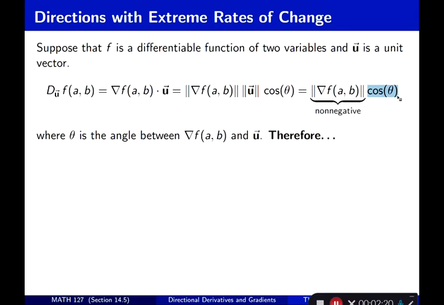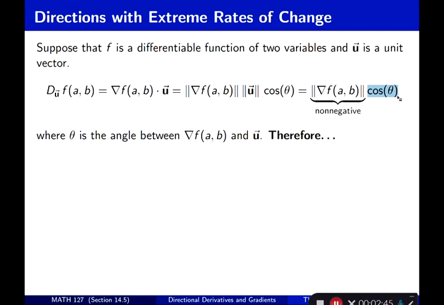If cosine theta is equal to -1, the directional derivative is the minimum, then f is decreasing the fastest in that direction.